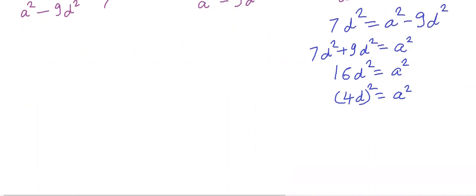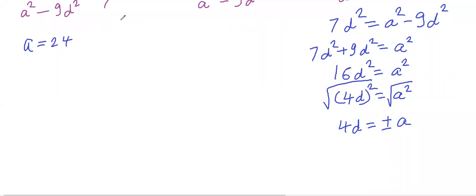Okay, and then taking square roots on both the sides, you will get 4D is equal to plus or minus A, right? We know the value of A. We have found the value of A as 24.